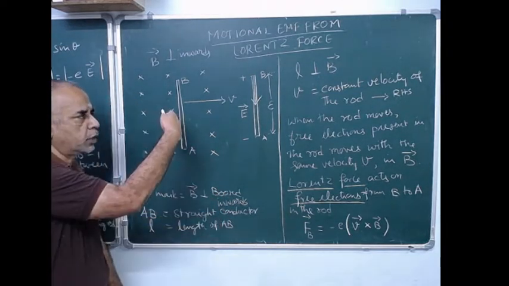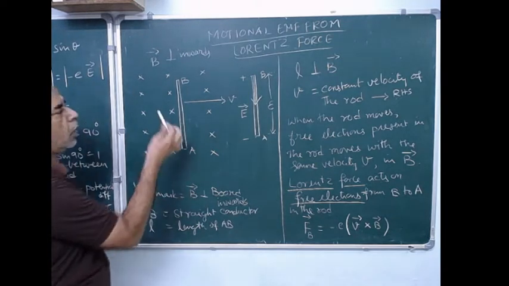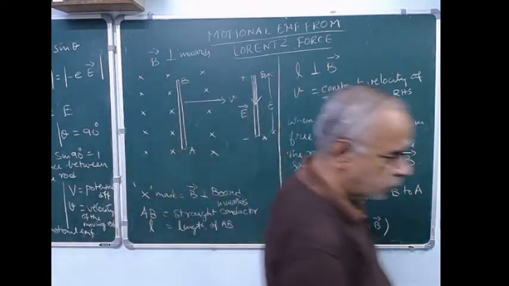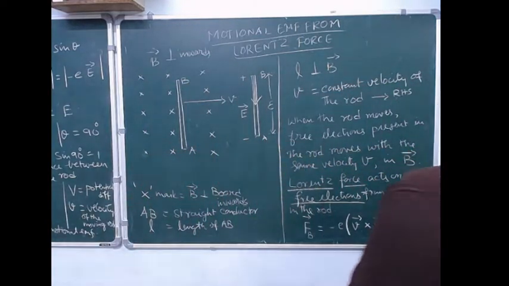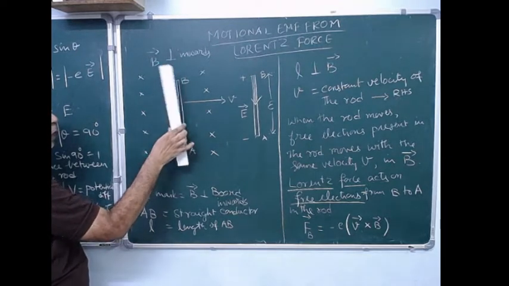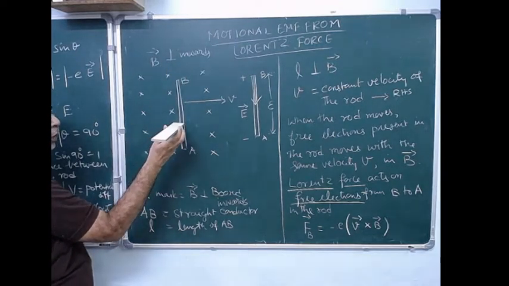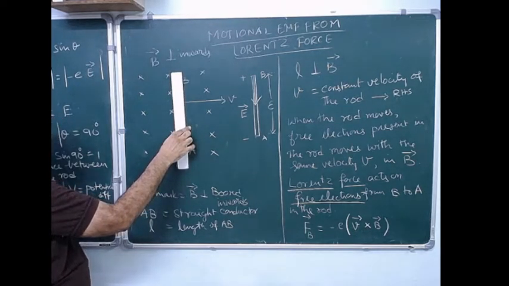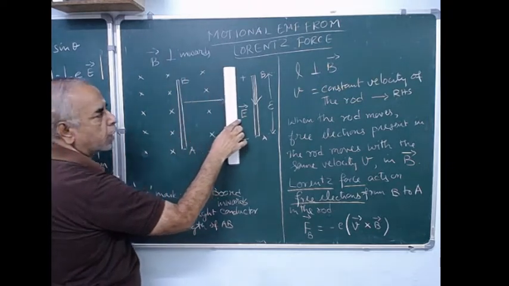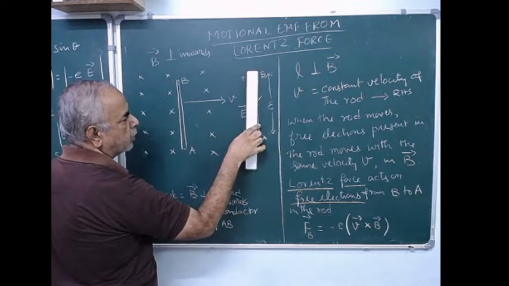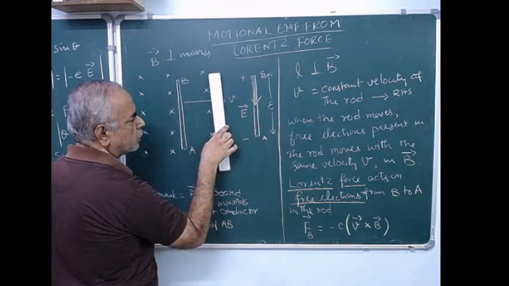I am keeping the rod AB perpendicular to the magnetic field. Now I am moving this rod towards the right-hand side at constant velocity v.